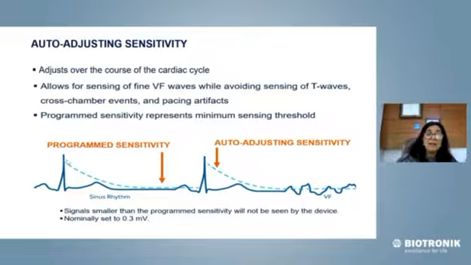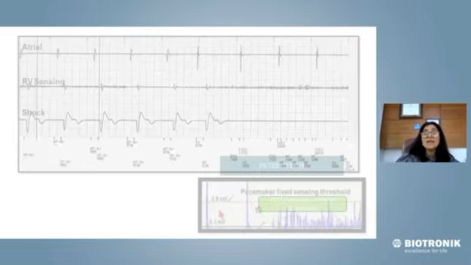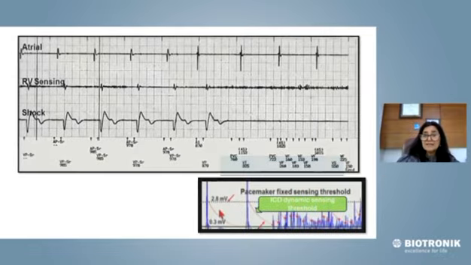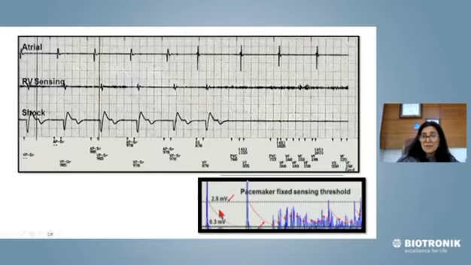Programmed sensitivity represents the minimum sensing threshold, means it is nominally set at 0.3 millivolts. So this is what is happening here. You can clearly see that this is the R wave, the tall one is the R wave. Subsequent to that, there is a T wave. And here you can see in a pacemaker, there would be a fixed sensing threshold. It would only see anything more than 2.8 millivolts.